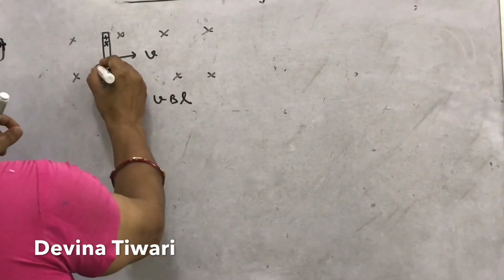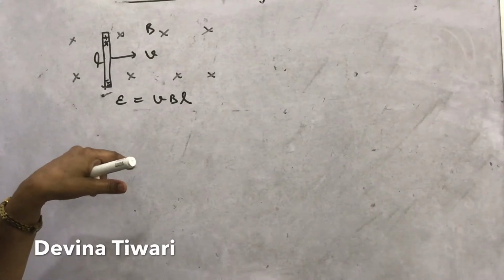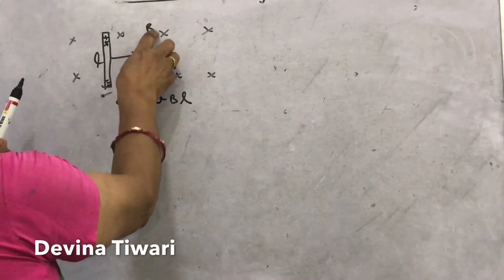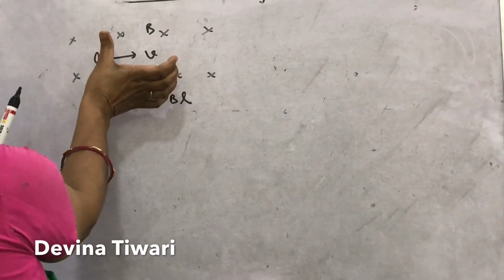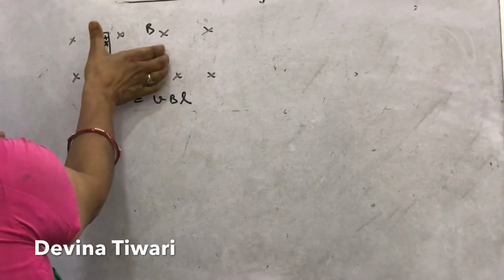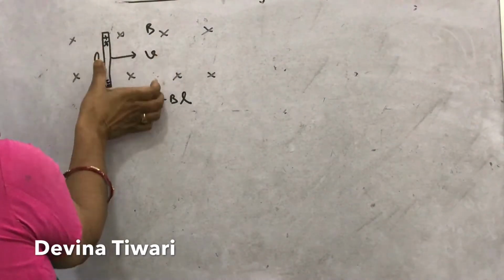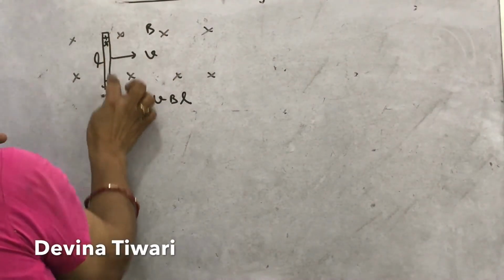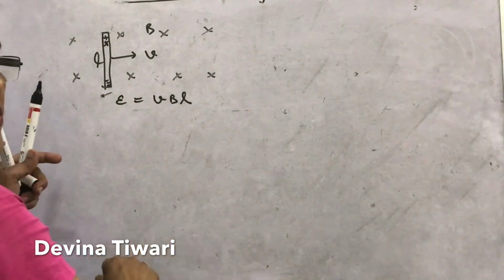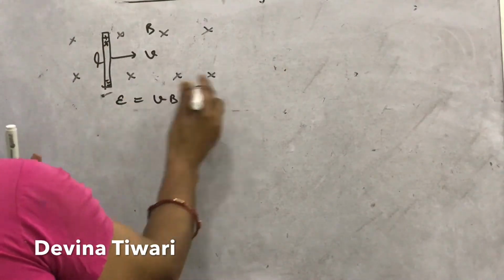Because all three, length, magnetic field and velocity, are perpendicular. You know how to find V cross B? Look, my thumb and fingers: the fingers of the right hand should move from V towards B. The thumb shows this end becomes positive and this becomes negative; this is V cross B and L.